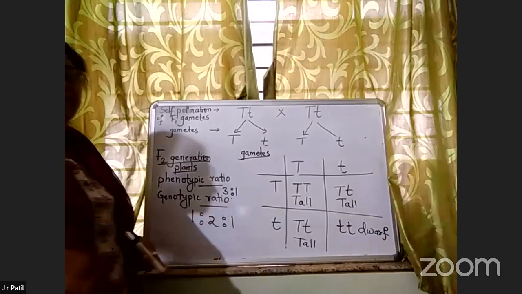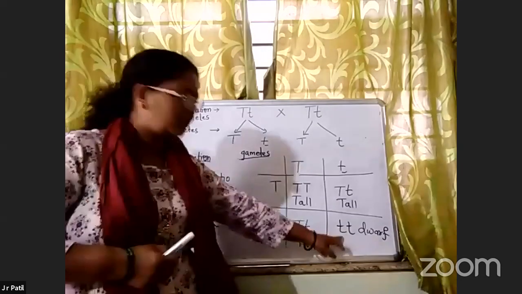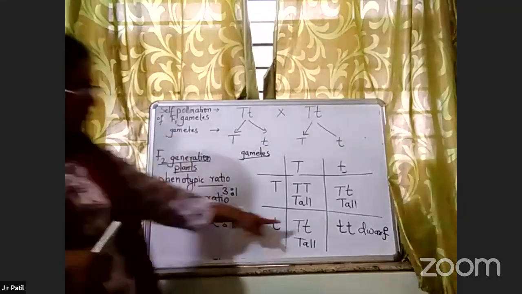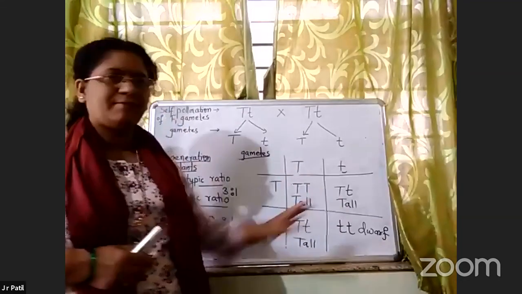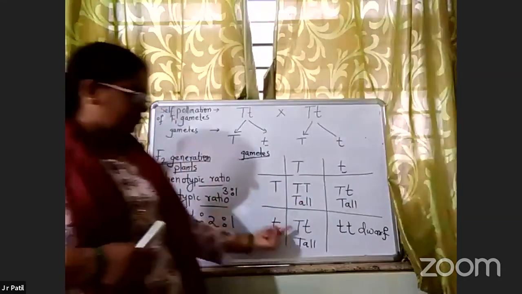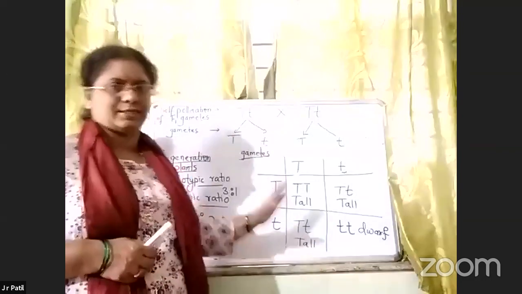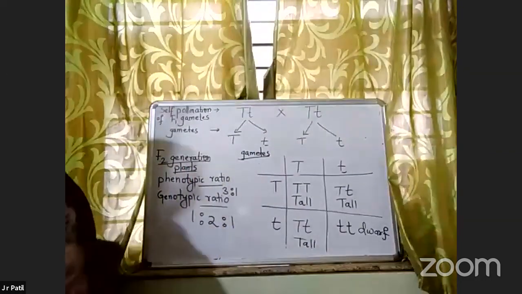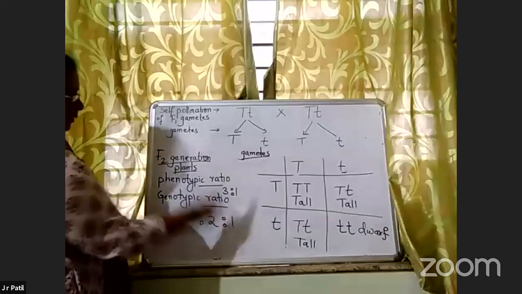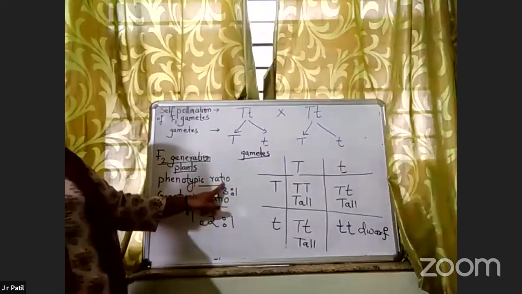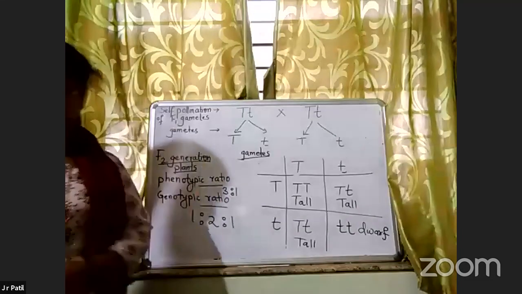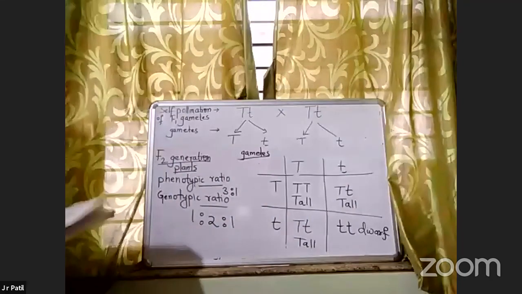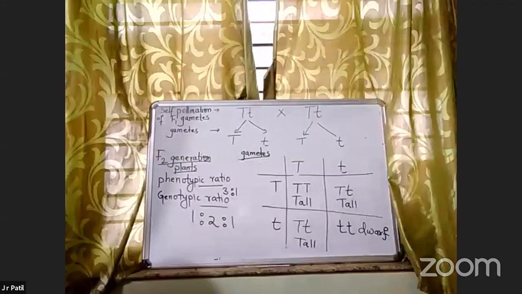Then these 2 plants are what? Small t and capital T, mixed. I have written 2. So when asked for the genotypic ratio, write 1:2:1. When asked for the phenotypic ratio, write 3:1. Now is it clear to all?